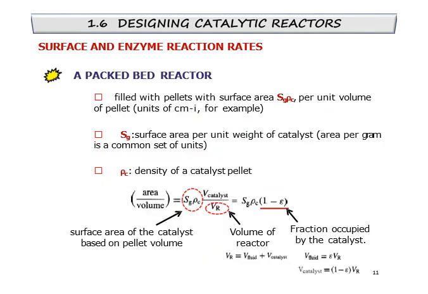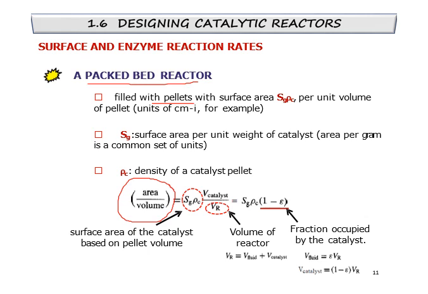Okay, now in order for you to calculate the area over volume parameter, we take the example of the packed bed reactor, in which the packed bed reactor is filled with pellets of catalyst, and the pellets of catalyst we can calculate using the surface area of the catalyst times density of the catalyst.